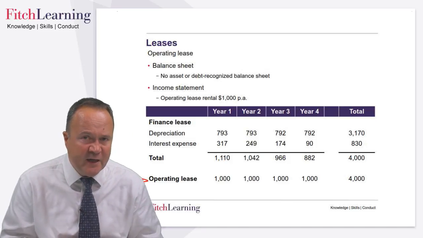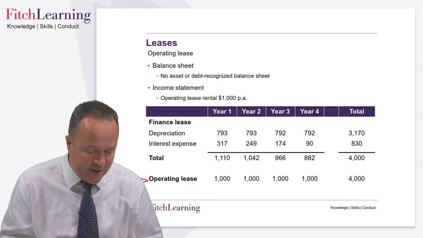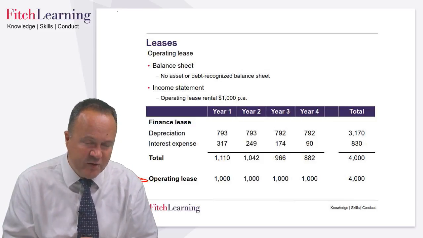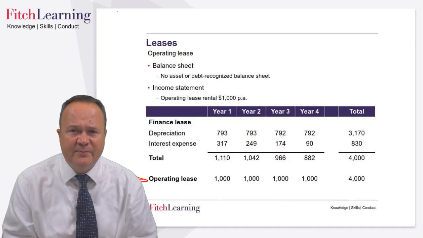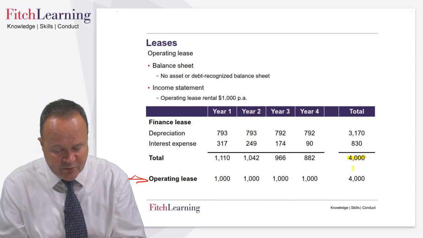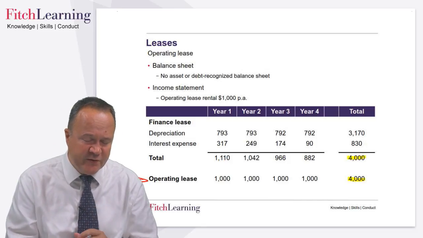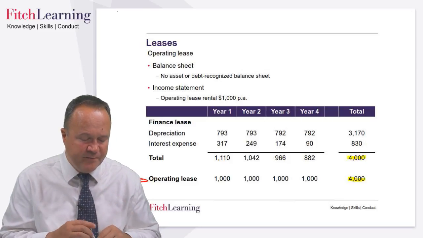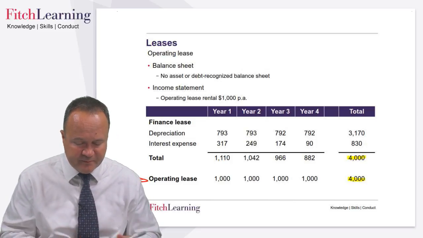Now, if you add up the depreciation along with the interest, you'll find for year 1, you get a little bit more than 1,000. So, 1,110. But for year 4, and 3 in fact, you get a little bit less. When you combine them all, clearly you get the same. Both of these will cost 4,000. But just watch out for questions that might ask you about the early years versus the latter years. You get a slightly higher cost in the early years, typically for a finance lease.